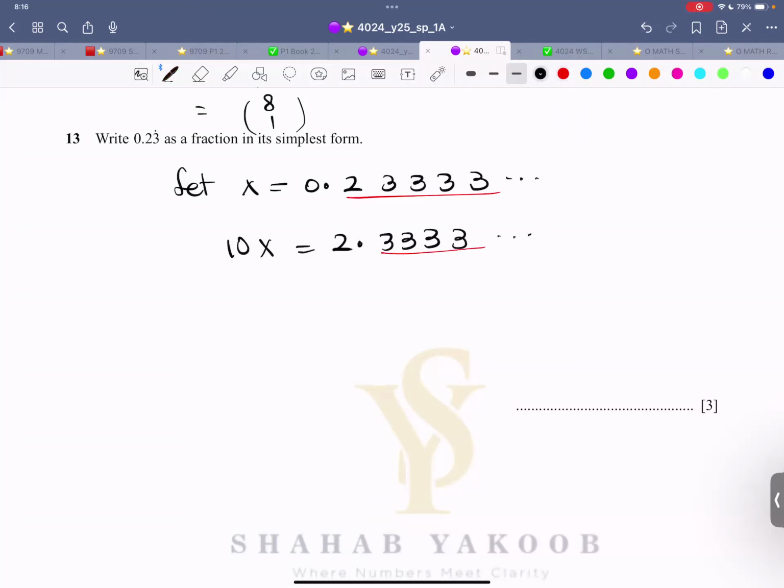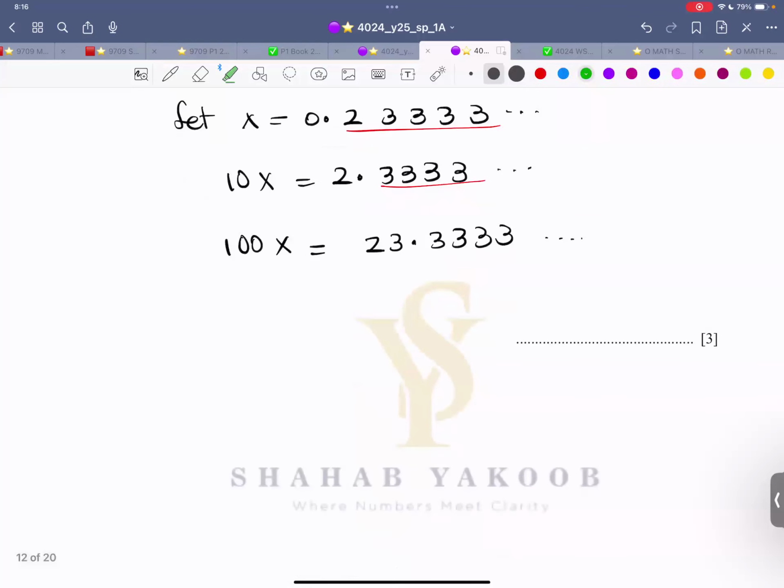Therefore, let me multiply it with 100. Now, if I multiply with 100x, what do I get? I get 23.3333 and so on. Now, wait for a second. This thing over here and this thing over here, is it the same? Yes, it's the same. So now you are in a position to do subtraction.